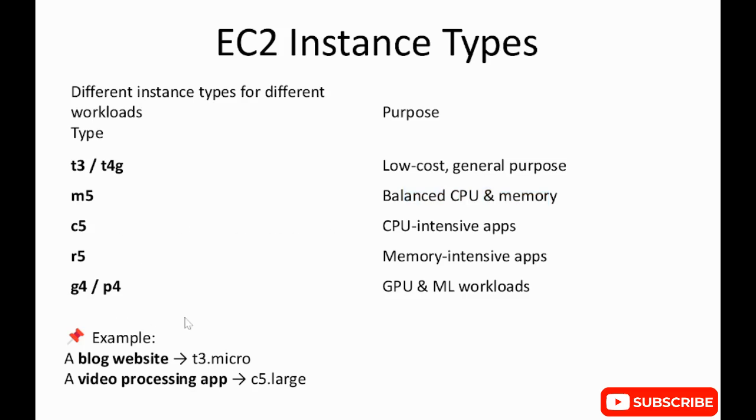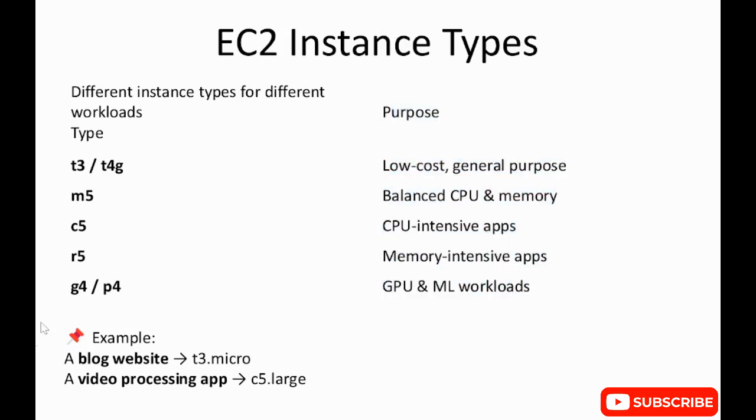C5 is for CPU-intensive apps, and R5 is used for memory-intensive apps. G4 or P4 we use for GPU and ML workloads. So we use different instance types for different workloads.